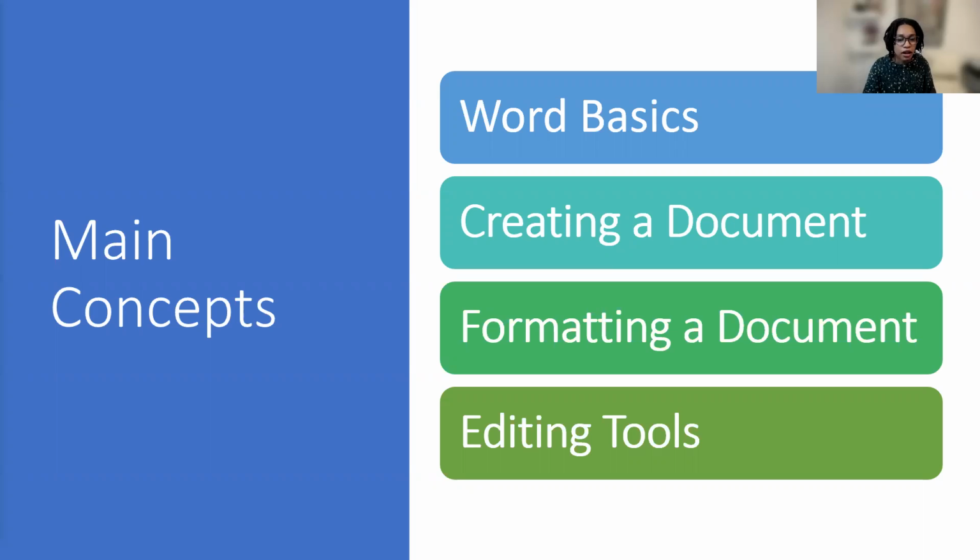Then we'll talk about how you'll actually create a document or open a document that you've made previously. Then we're going to be talking about the actual formatting of a document, and that's going to take up a big chunk of what we're going to do today. So there'll be some major takeaways from the formatting Word document realm. And then finally, we'll talk about some editing tools you may want to use.